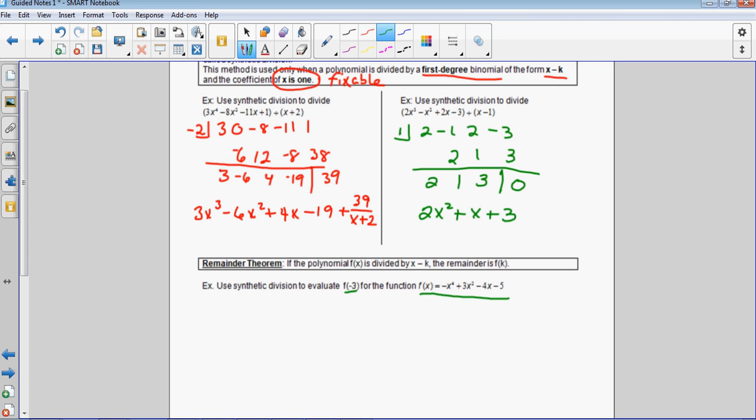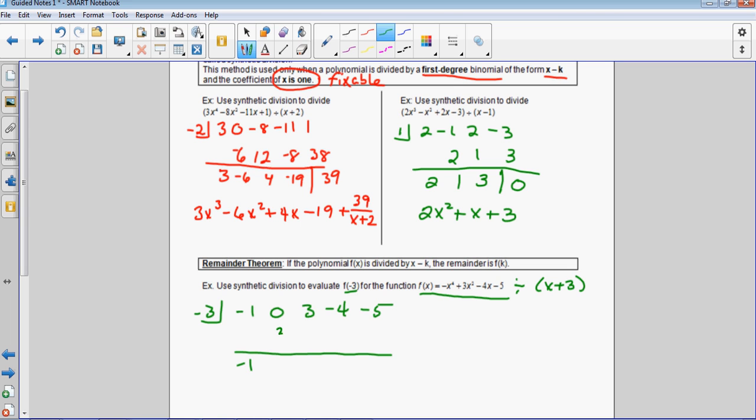So another way to do that is you're going to use the remainder when you divide by x plus 3. So if you divide by x plus 3, you do put -3 in the box, and you put your coefficients -1, 0, 3, -4, -5. Bring down the first one, and multiply, add, multiply, add.